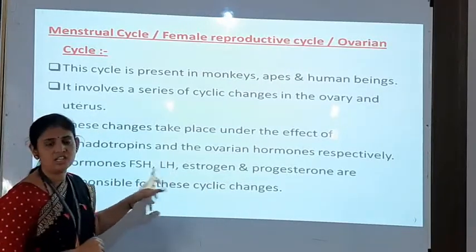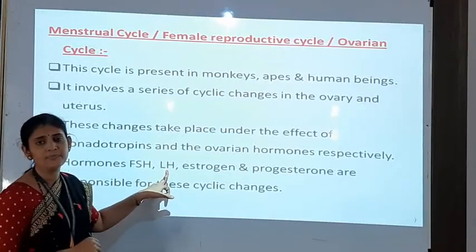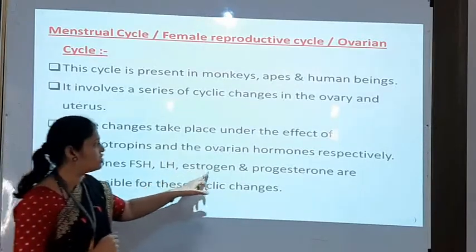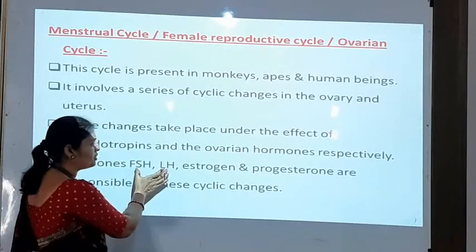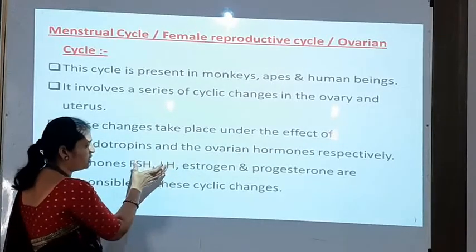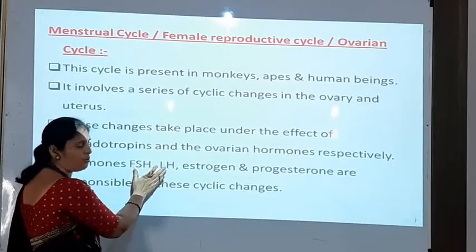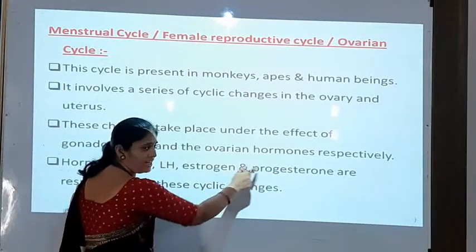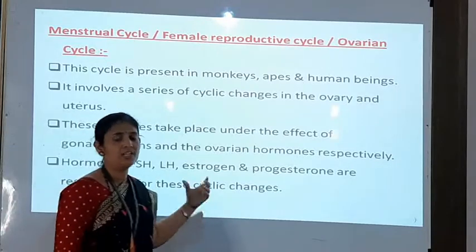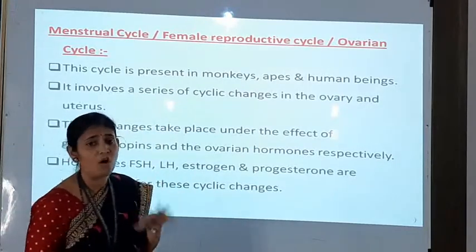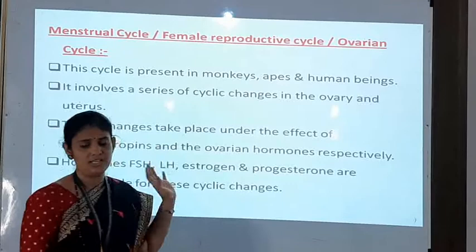FSH and LH are secreted by the pituitary gland, and estrogen and progesterone are secreted by the ovary. So these are the pituitary hormones, or we can call them gonadotropic hormones, and these are ovarian hormones which are influencing the different developmental changes occurring during this menstrual cycle.